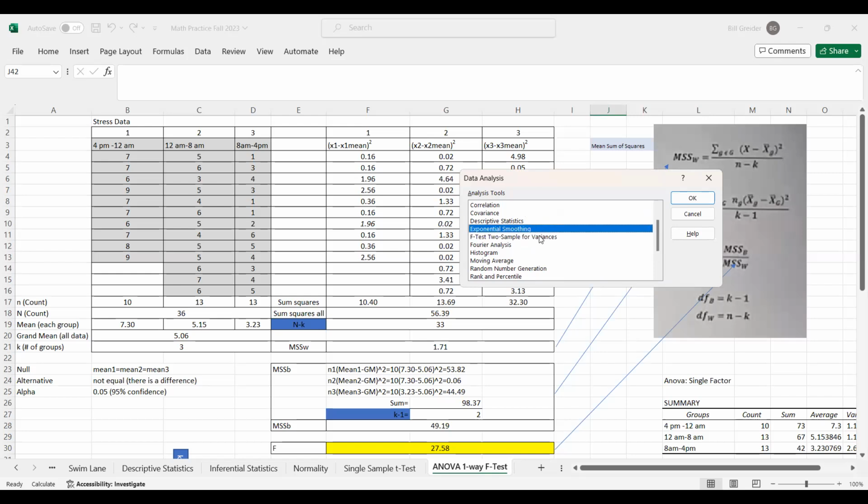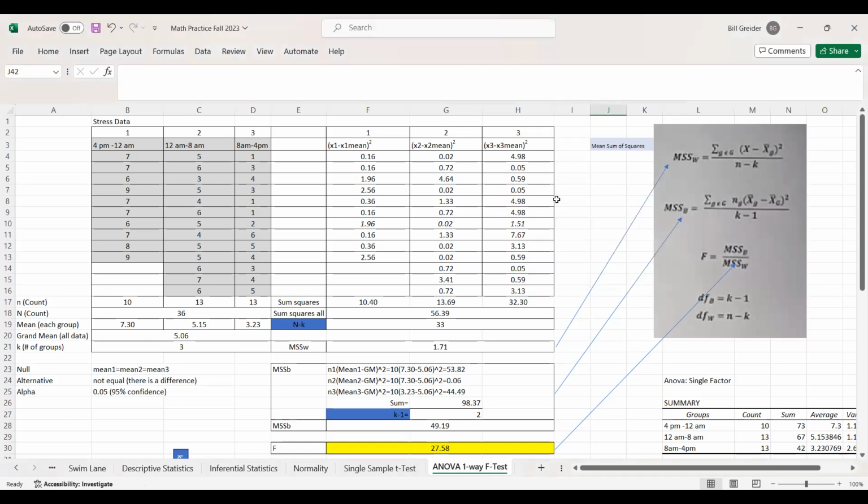I think what I might do is do a quick video and do that for you, and show how to, because basically all I'm going to ask you to do is take that set of stress data and use this tool to give us the answer. Try it without me going through it with you, and just pop me a note if you want me to send you how, okay?